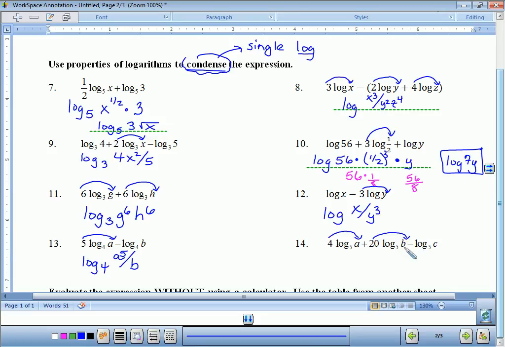Multiply, divide. So it becomes log base 5 of a to the 4th times b to the 20th divided by just c.